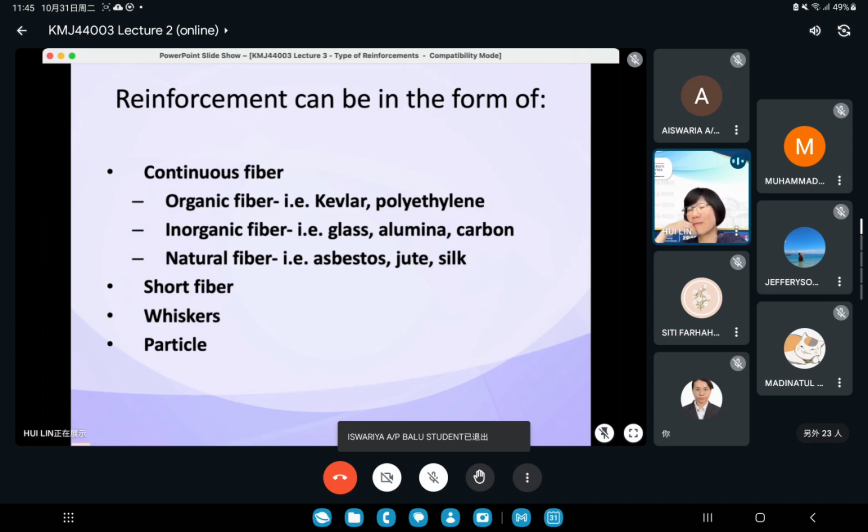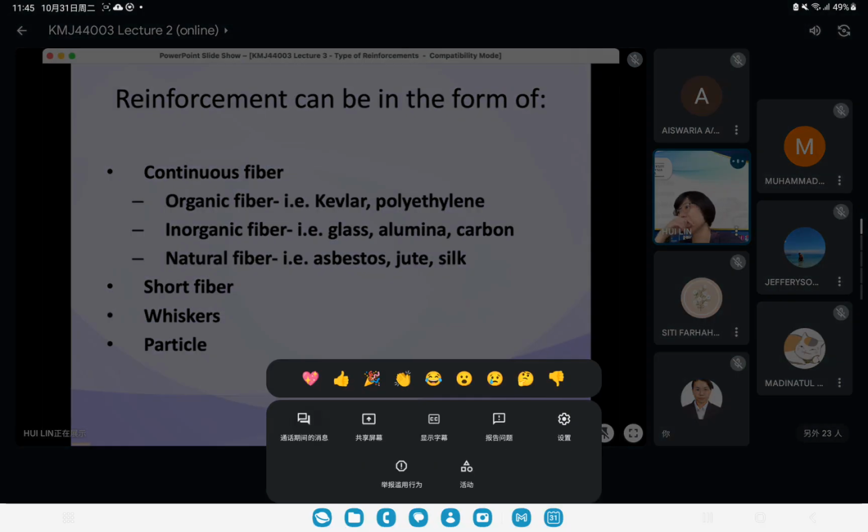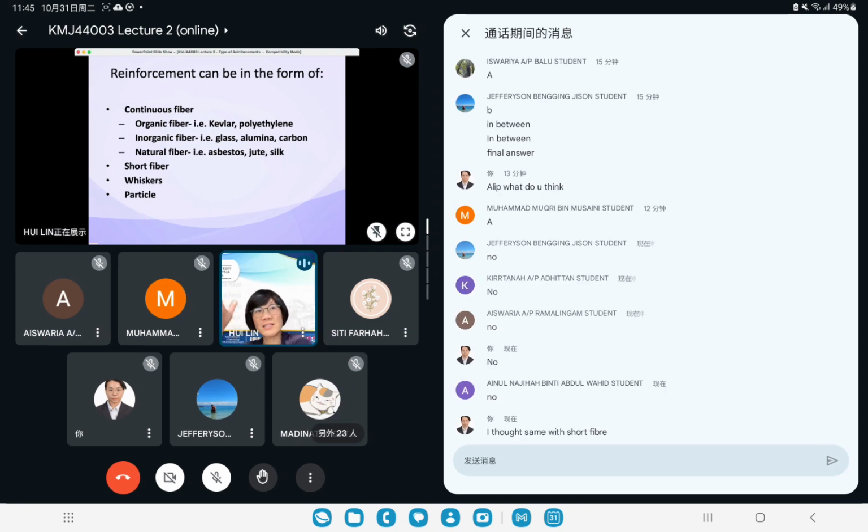Sometimes, like Chinese say, this is quite confusing. We somehow match whiskers with short fiber. She is right. So anyway, to be safe, we usually don't say it is whiskers, we say fiber.